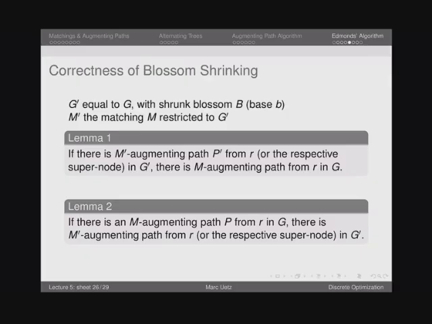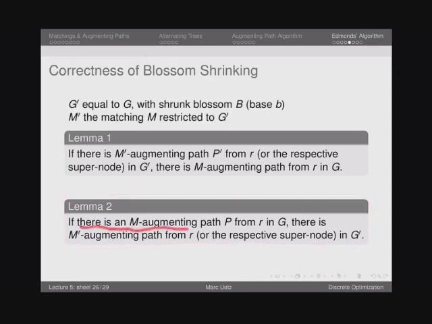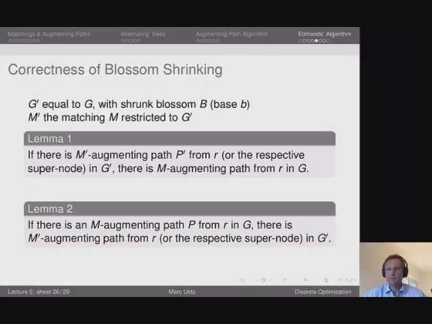And the second lemma is the other one, the more interesting one, you could say, because if there exists an M augmenting path P in the original graph, then there also exists an M prime augmenting path P prime in the graph where the blossom has been shrunk. As a matter of fact, lemma number 2 is the more interesting of these two lemmas, because this is the one that fixes our earlier problem.